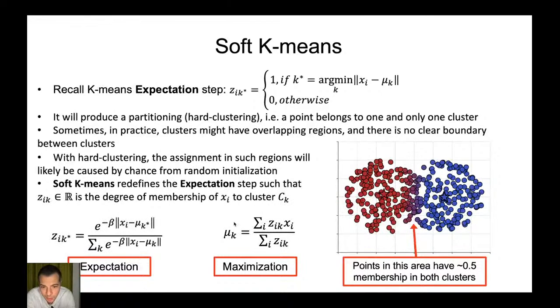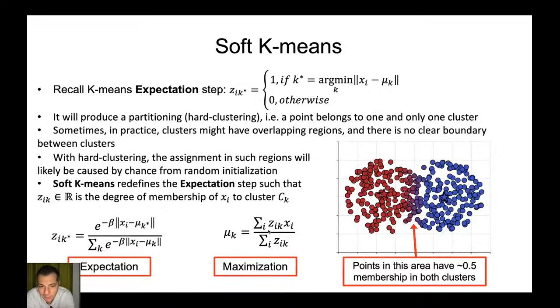Okay, so this is the update for soft k-means, and in the maximization step for mu k we use the same function. So remember that the centroids are computed based on this function. If z of i and k was this function here, this will result in the average of the data points assigned to a cluster.